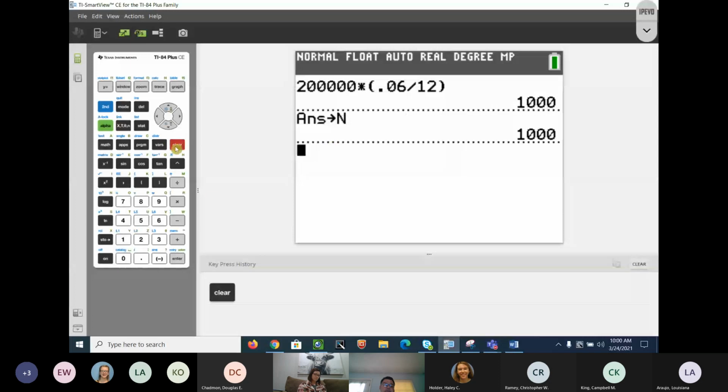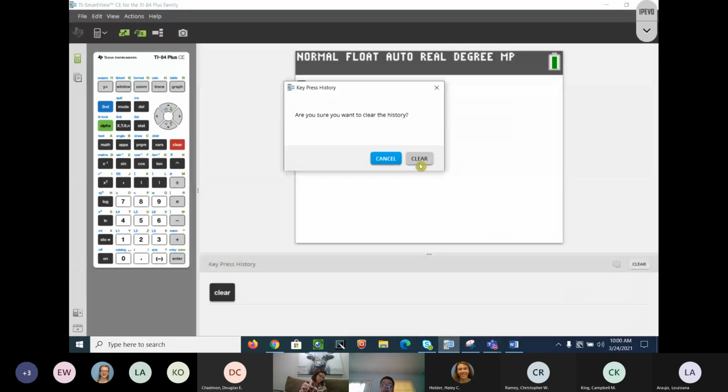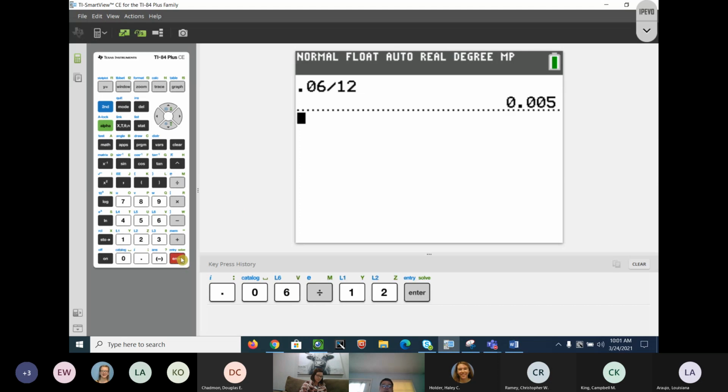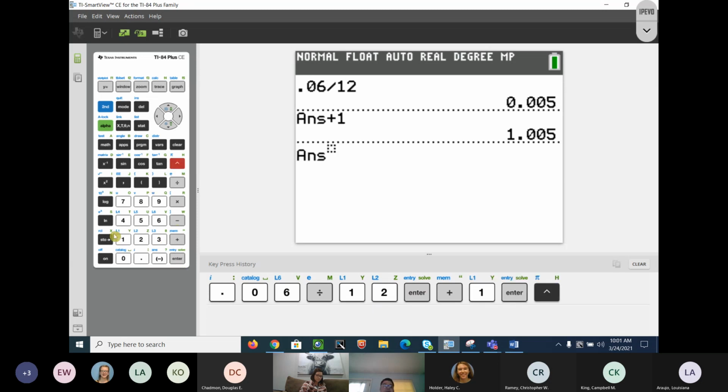And I hit the wrong one. There. Now I'm going to do the denominator on the left side. So that's going to be 0.06 divided by 12, add 1, raised to the what? 180 power.